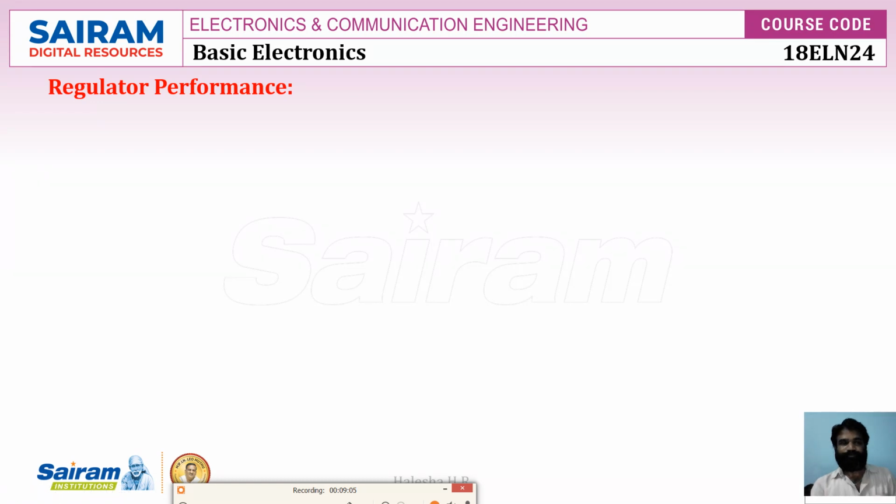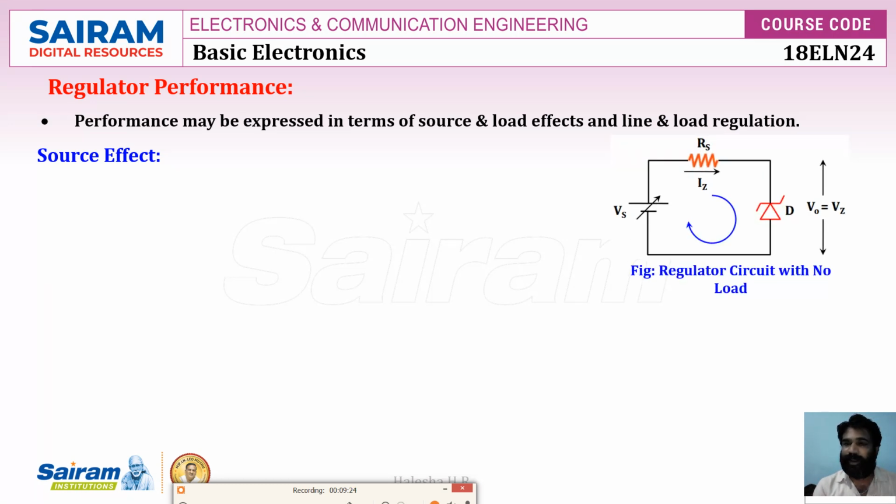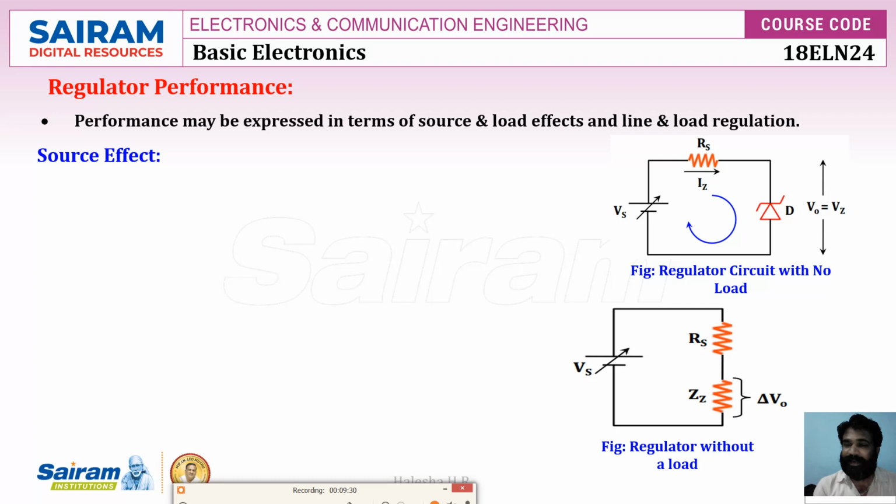Now, as you know, regulator performance is defined or expressed in terms of source and load effect, and line and load regulations. So source effect means what is the effect of source? When the source changes, what will be the effect? Consider this is the regulator circuit with no load, and this is the corresponding AC equivalent circuit.